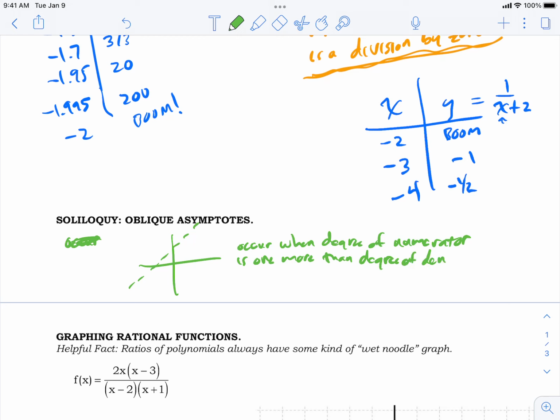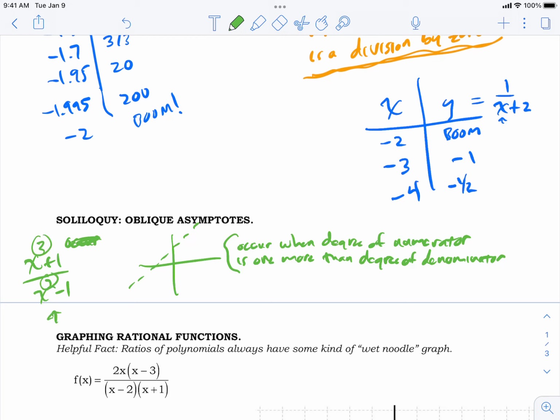So if you ever have a situation where you're very interested in asymptotic behavior, if you ever notice that the degree of the numerator is exactly 1 more than the degree of the denominator, so maybe you have an x cubed on top plus 1 or something, and then you have an x squared minus 1 or something, this is going to have an oblique asymptote, because the 3 is exactly 1 more than the 2.